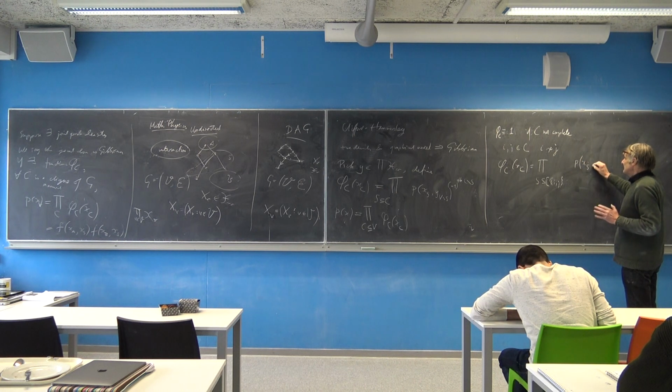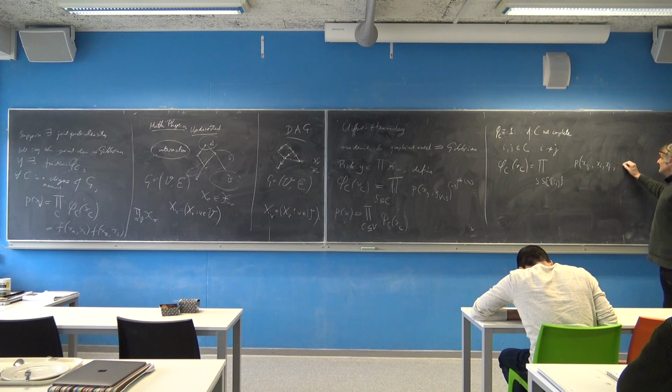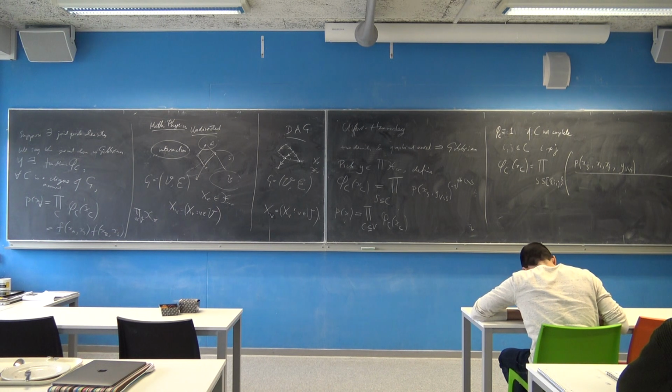First of all, when they're both in, you get x_I and x_J, and you get the rest, y_{V minus S}. And you're also going to get a power here, the same power as before, minus 1 to the number of elements in C minus S, but the S is different.